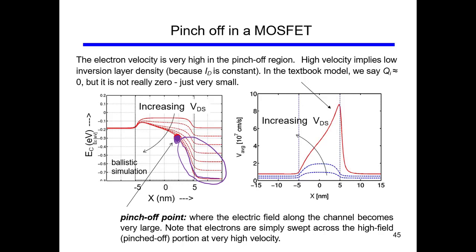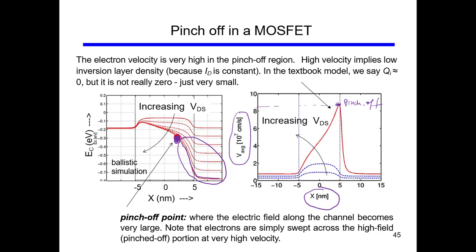If we look at the graph in which there is the dimension x along the channel, and on the other axis we have the average velocity, you see that if this is our pinch off point, at the pinch off point the velocity is huge.